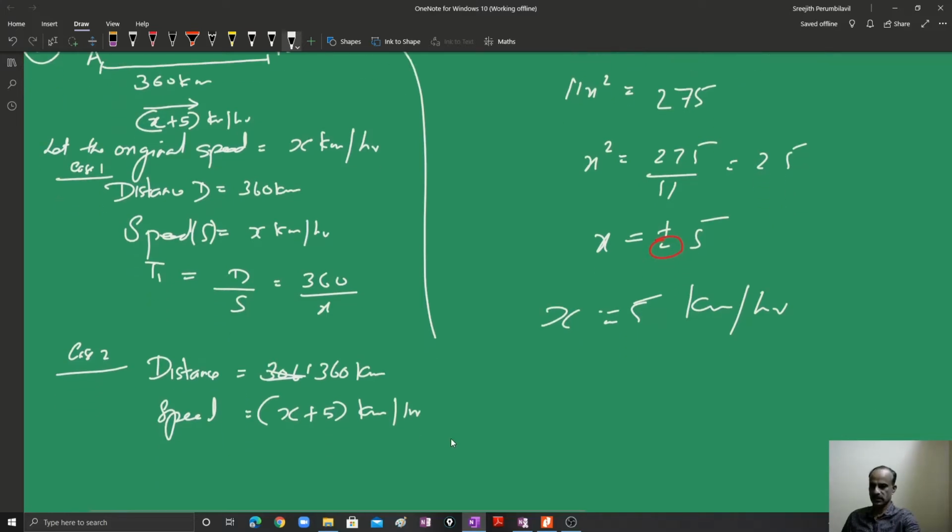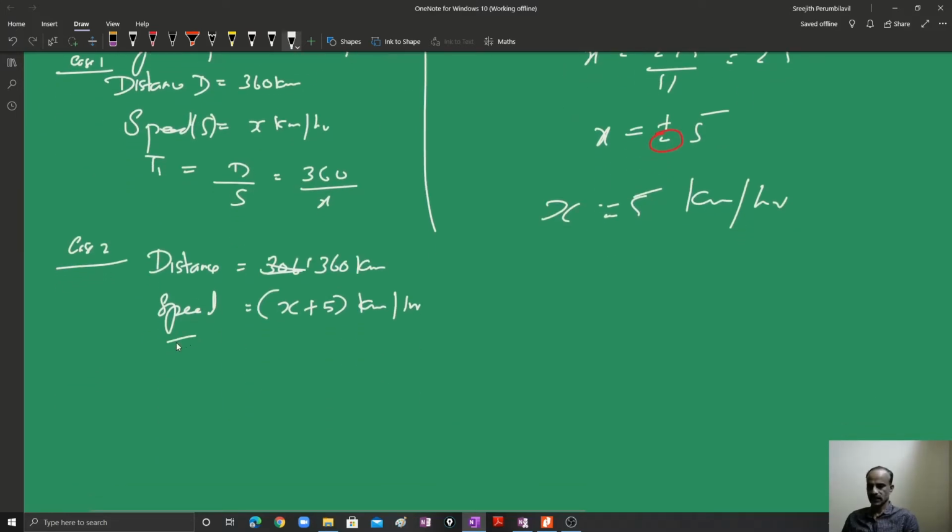So if that is the case, what is the time? I will write the time T2. T2 is equal to distance by speed, 360 by x plus 5. If the speed is more, it takes 1 hour less. The difference in time is equal to 1 hour. Which time is more?